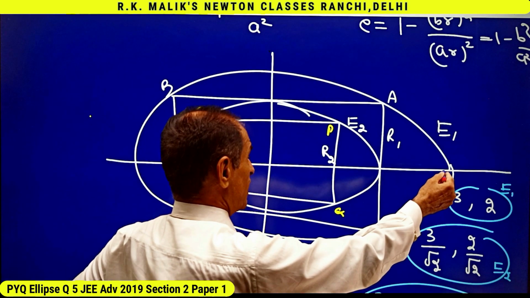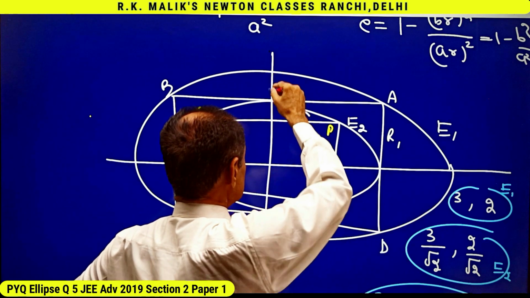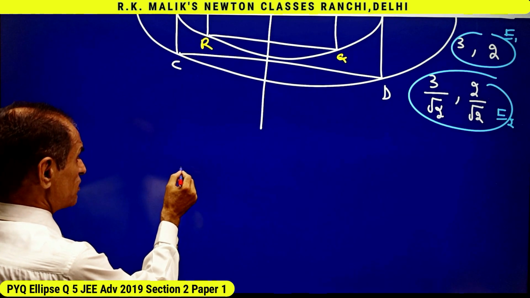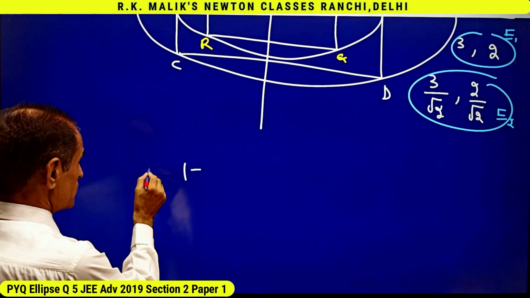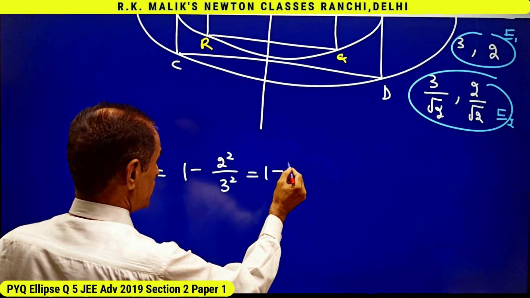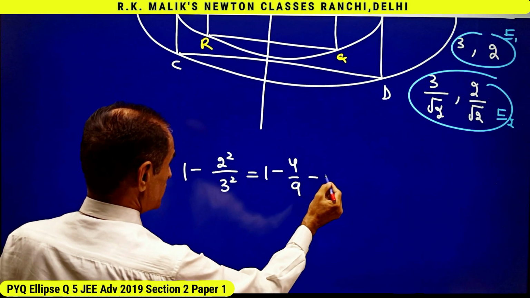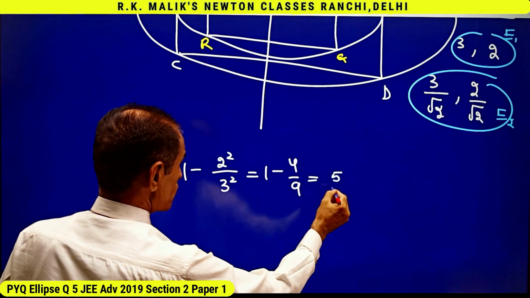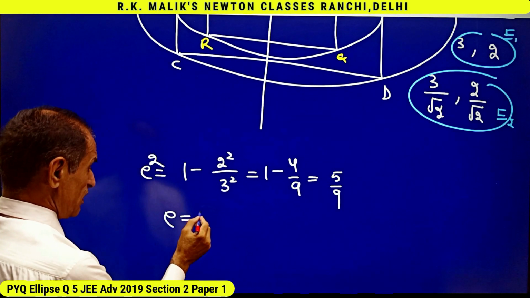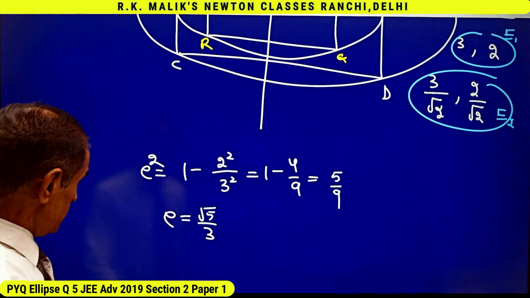Initially, the length of the semi-major axis was 3, the semi-minor axis was 2, and the eccentricity for the ellipse E1 was given by e square equal to 1 minus 2 square upon 3 square, that is 1 minus 4 by 9, that is 5 by 9. Therefore, e for the ellipse E1 was root 5 upon 3.